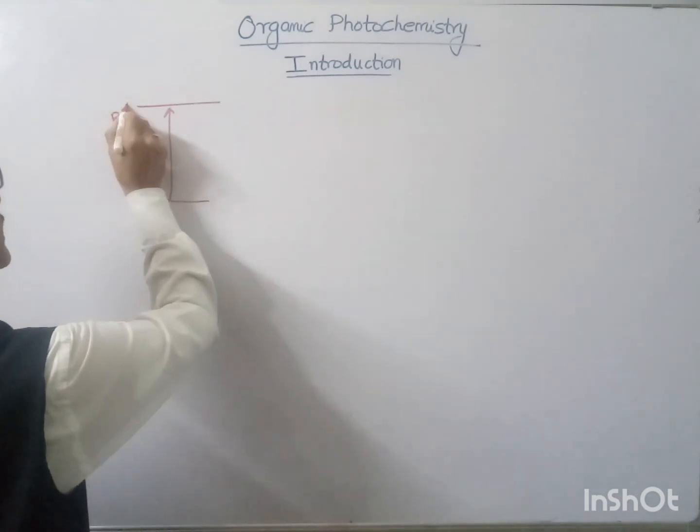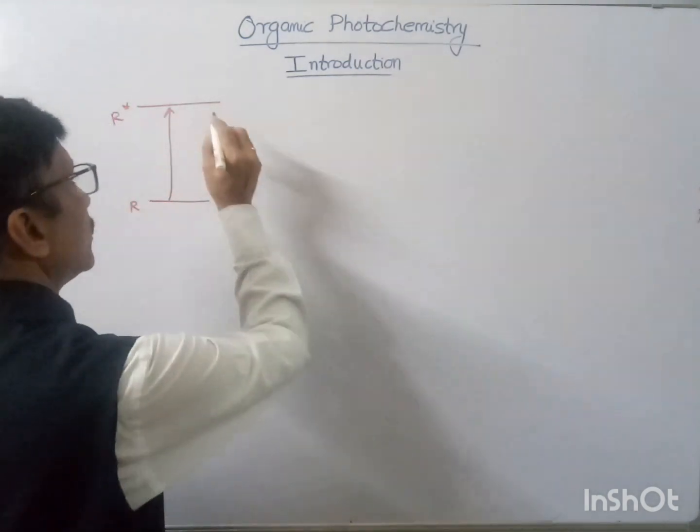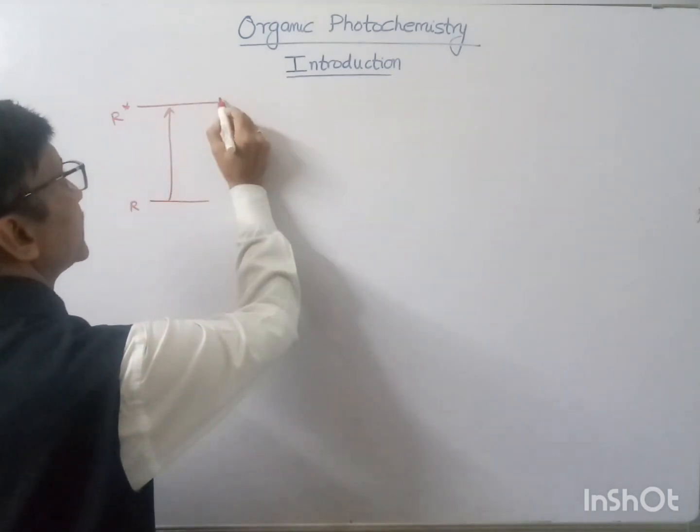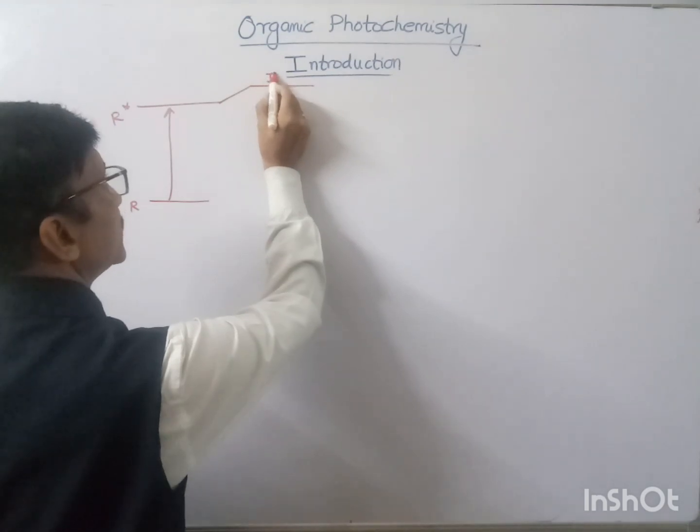So this is the excited reactant molecule. Now this excited molecule will go into the intermediate state.